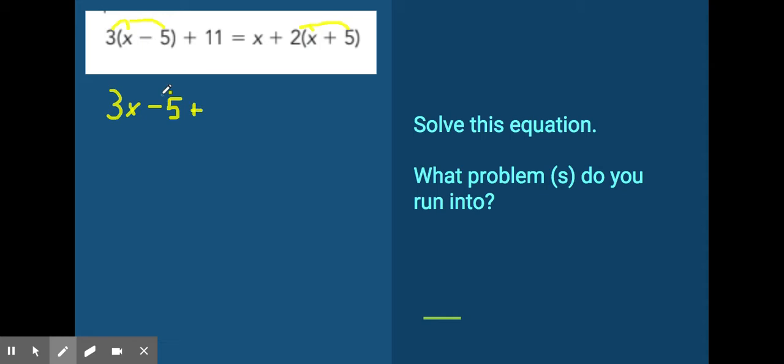Oh, sorry, 3x minus 15. My bad there. 3x minus 15 plus 11 equals x plus 2x plus 10.